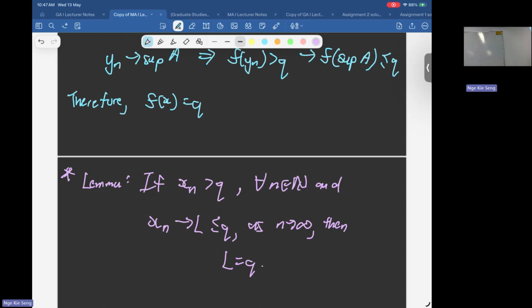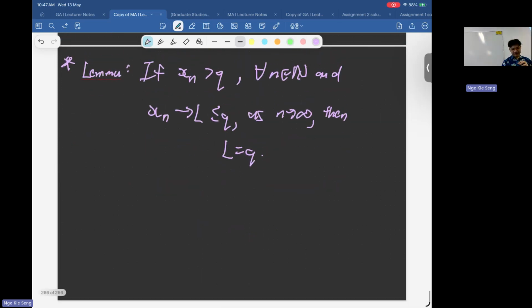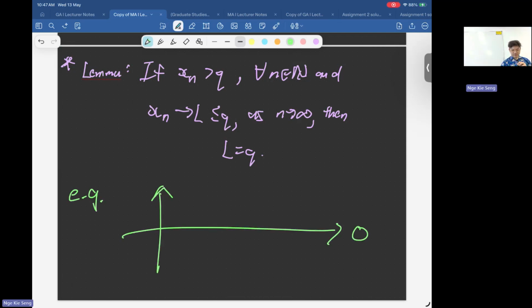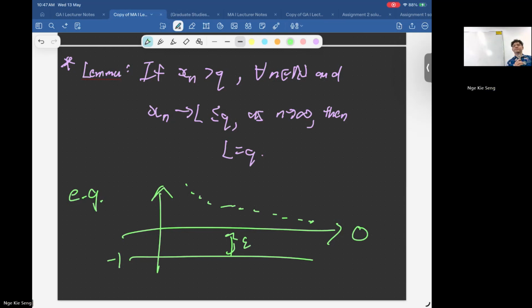Does it make sense? If everything is greater than 0, can you converge to something less than or equal to 0? Can you converge to a negative number? For example, let's say 0. So all your points are above 0. Can you converge to something negative? You can think about this epsilon gap here that you cannot achieve. Try and write the argument down.